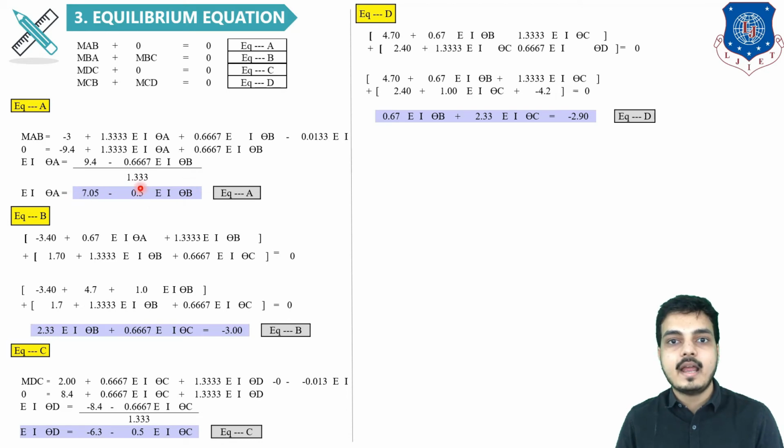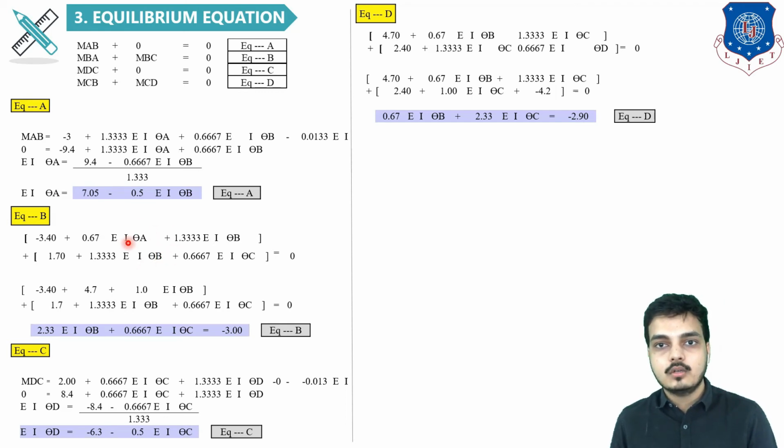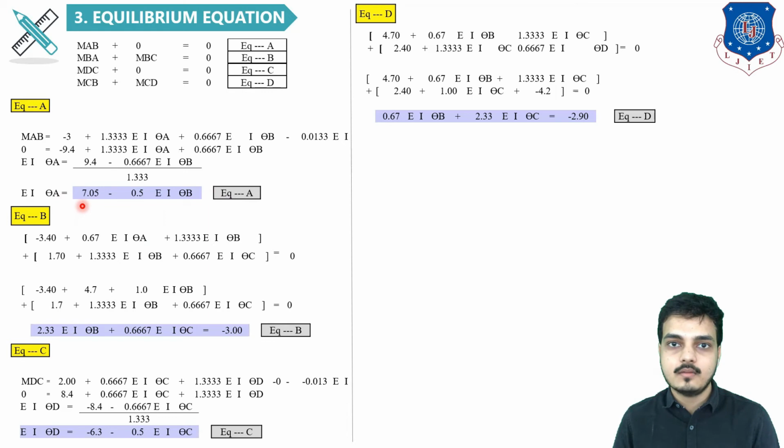So I will be placing this entire value over EA theta A and then simplify it in the theta B and theta C format. I have done nothing, I just put equation A over here, meaning the EA theta A value is 7.05 minus 0.5 EA theta B, which I have placed over here and multiplied with 0.67.